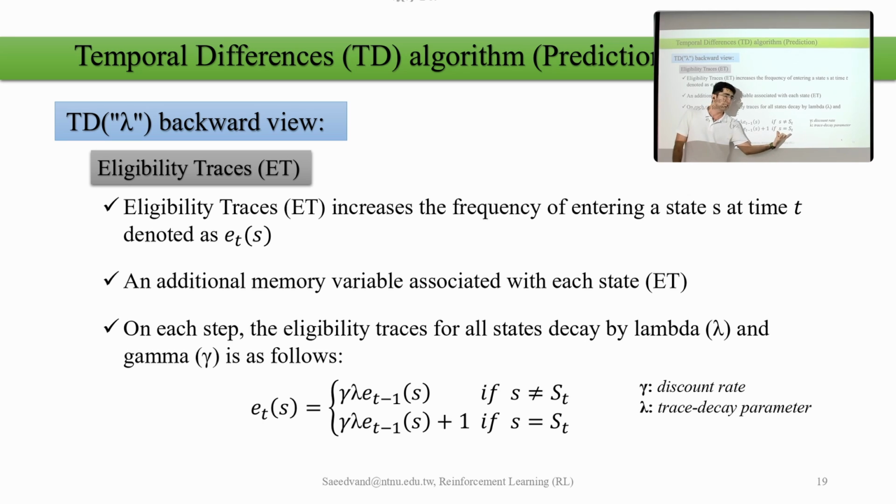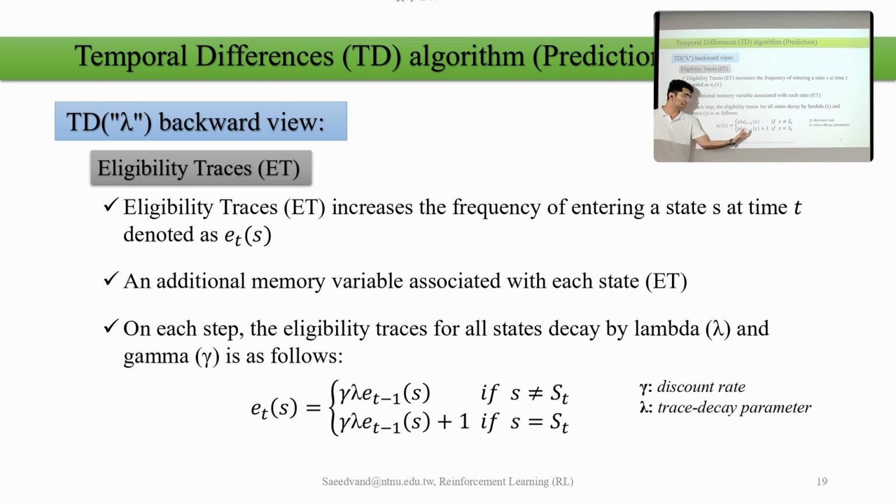For example, if my robot is moving through these different states and I'm going to update the values for different states, and I'm here, the current state value should be calculated with a different equation, which has the term added by 1. That shows that it is more important for us. What is happening over there? We have the discount rate, we have the trace decay parameter, and we have the eligibility of E_{t-1}(S) added by 1.